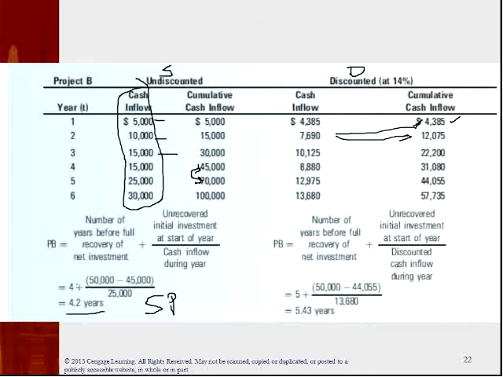So at the end of 5 years, you have 44,055, but somewhere between year 5 and 6, you get the discounted payback. So you take unrecovered initial investment at start of year divided by discounted cash flow inflow during year. So 50 minus 44,055 by 13,680 is 5.43 years. That's how the answer is.